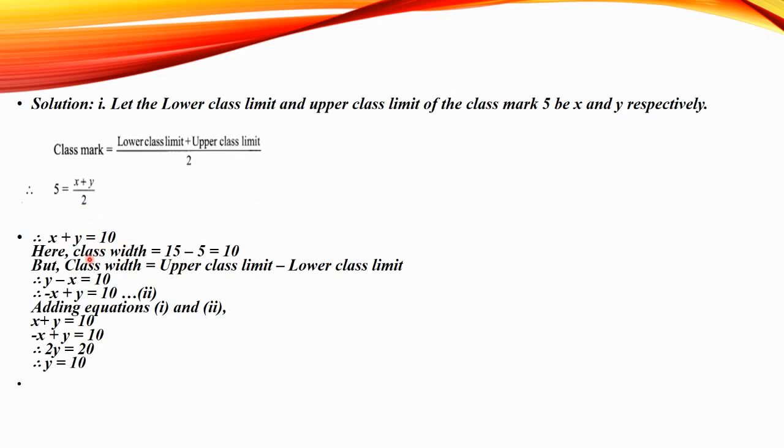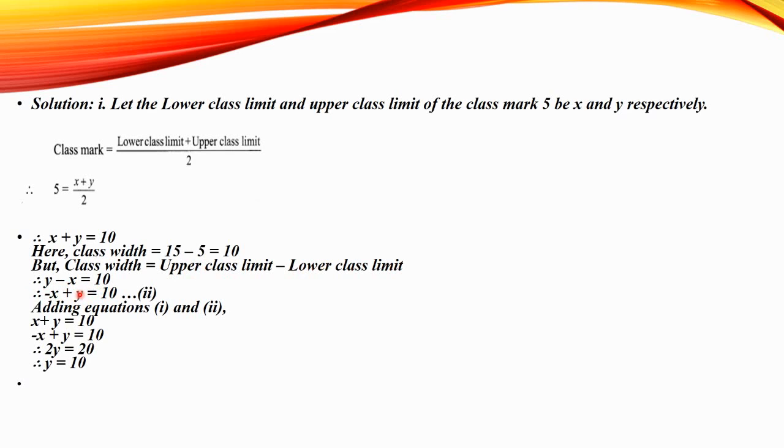Here the class width is 10, so we have 15 minus 5, 10. The class width formula is upper class limit minus lower class limit. So y minus x is equal to 10.